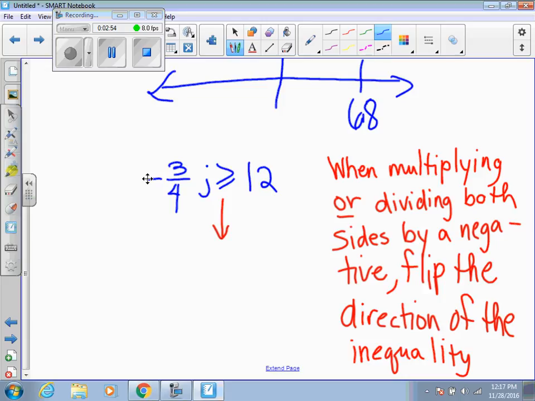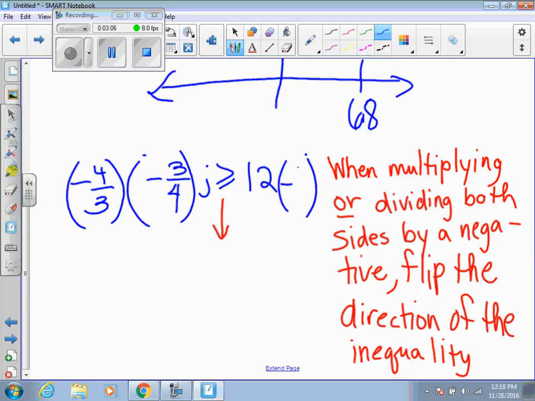And to solve this equation, we're going to multiply both sides by the reciprocal of negative 3/4. So right now, I'm multiplying both sides by a negative 4/3. So I'm going to have to change the direction. I do that first so I don't forget.